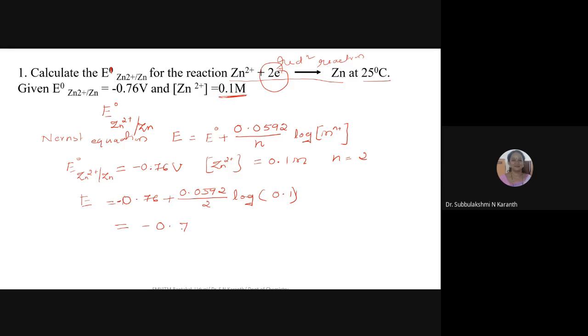Minus 0.76 plus 0.0592 divided by 2, which is 0.0296, and log 0.1 is minus 1. So what value do you get? The electrode potential of the zinc electrode at 0.1 M concentration becomes minus 0.7895 volt.